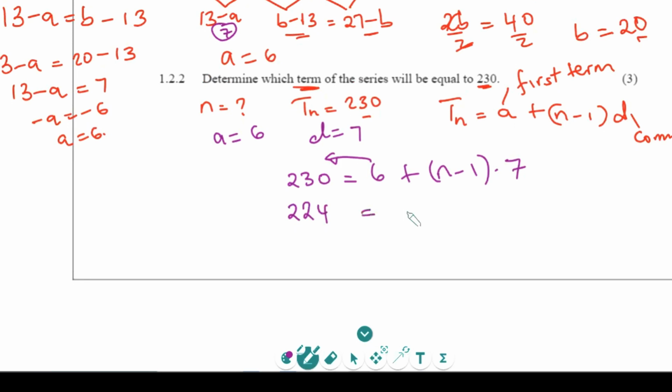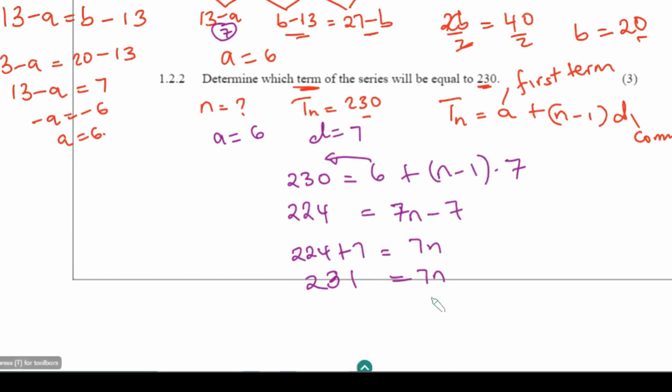Then I can still choose to multiply this in, or divide both sides by 7. Let me just open that. Then 224 plus 7 is equal to 7n. Then 224 plus 7 gives me 231, which is equal to 7n.